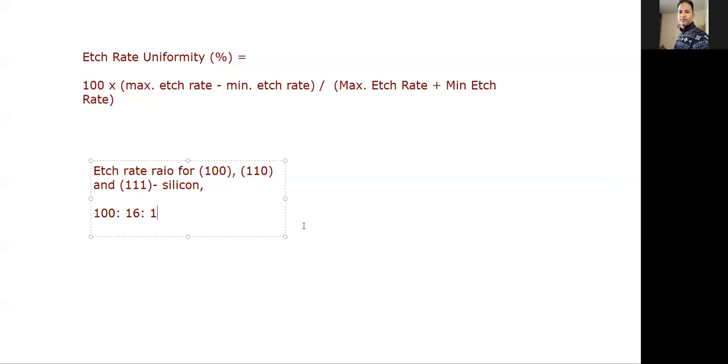So basically, what happens is, if you look at any cross section, the number of covalent bonds which the etchant has to remove or work with during the wet etching process is larger for 111 silicon, because 111 silicon has the largest density of covalent bonds in a given volume.